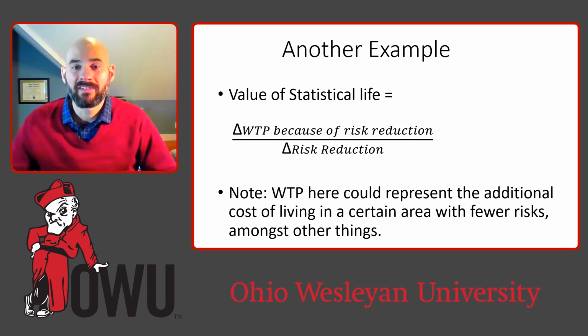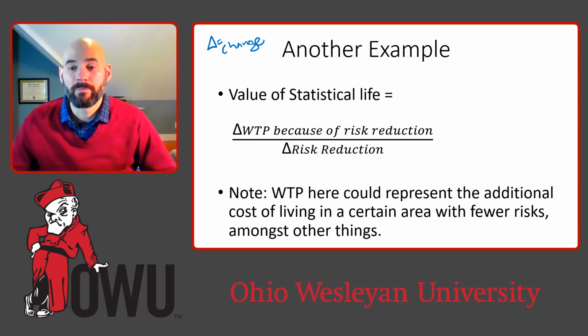So in other words, the value of a statistical life is going to be given by the change, so that triangle delta represents just change, in the willingness to pay for the risk reduction over the change in the risk reduction.